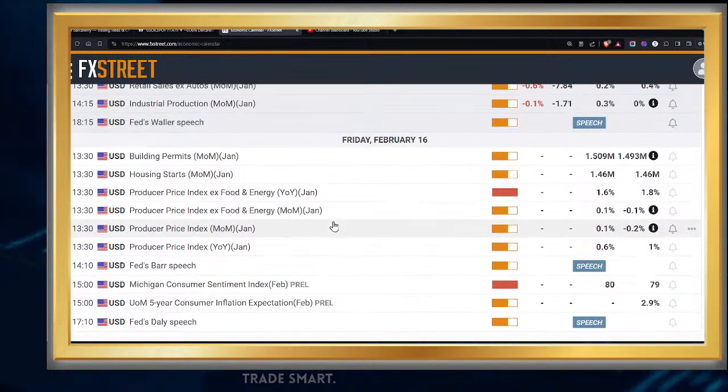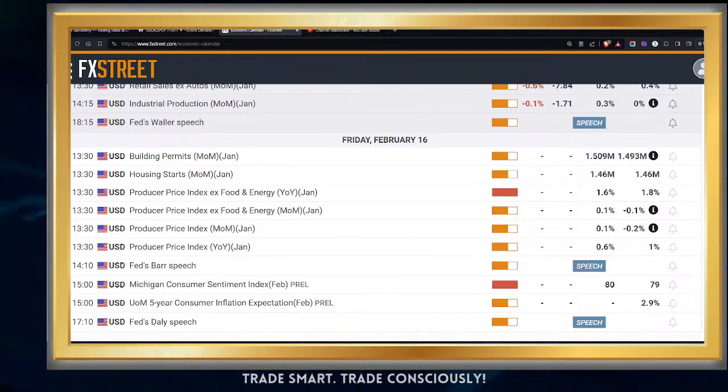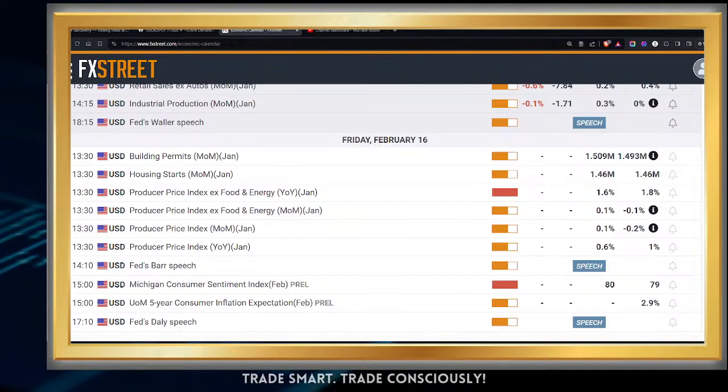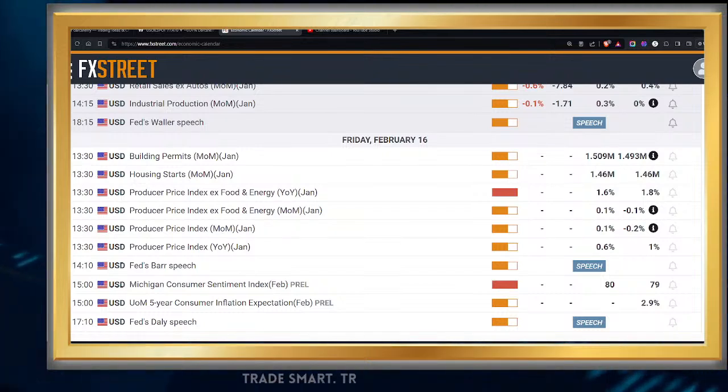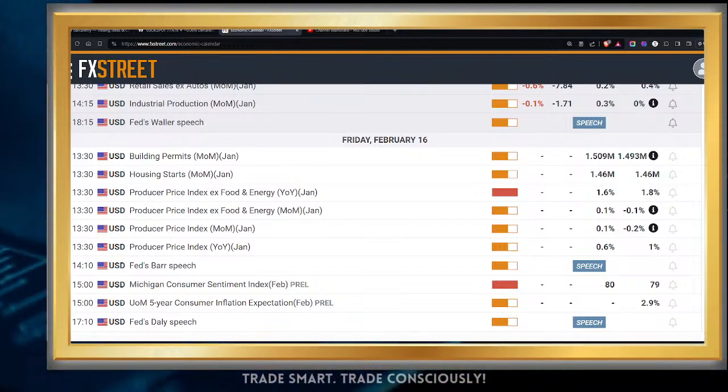Then we also have a couple of speeches coming up later today, which of course will have an effect on the market dynamics, considering the retail sales data that came in yesterday below expectations. We want to hear what the Fed officials will be saying in reaction to that data, and especially after the producer price index that comes up later today.